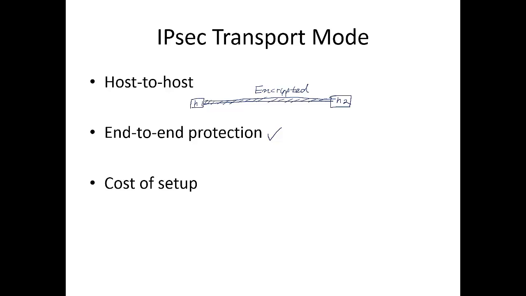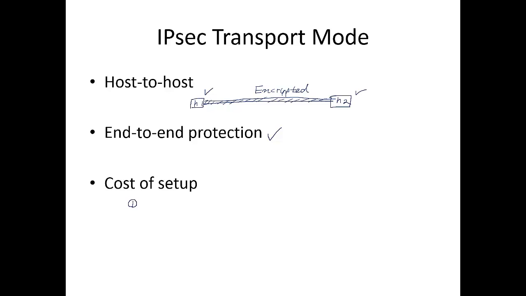There is one downside of this approach, although protection is pretty strong, which is the cost, because if you want to set up your machines, your hosts, in your organization to support this IPsec transport, you have to set up every machine individually, and each of these hosts requires special software to be installed on them.